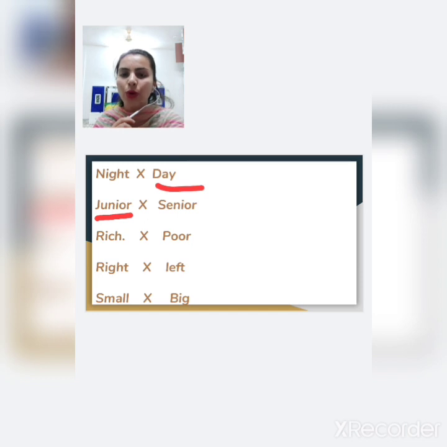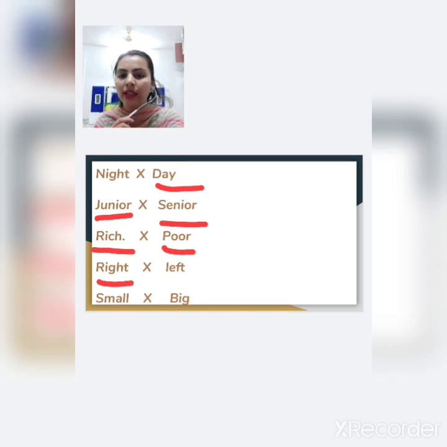And the opposite of junior is senior, S-E-N-I-O-R, senior. Similarly, next is R-I-C-H, rich. Low or poor is the opposite of rich.